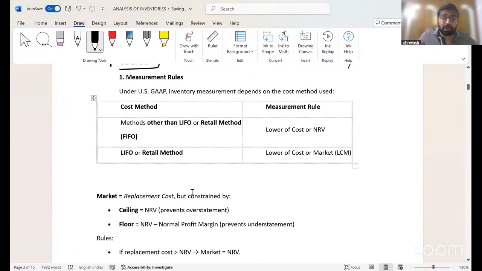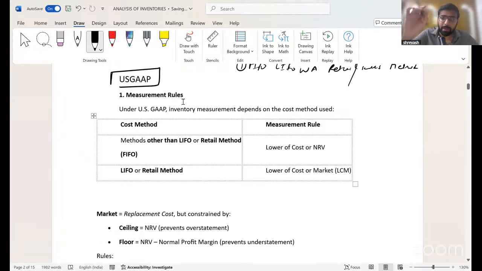Whether you are following LIFO or retail method, or any method other than LIFO or retail. That means you're talking about FIFO or weighted average. So there are two very simple bifurcations for measurement of inventory. What are the rules? We will discuss. But first understand how you measure inventory differs as per the method that you are following in case of US GAAP.